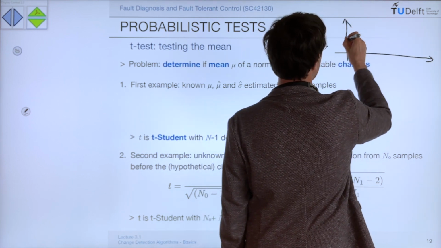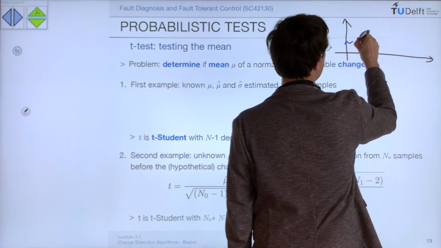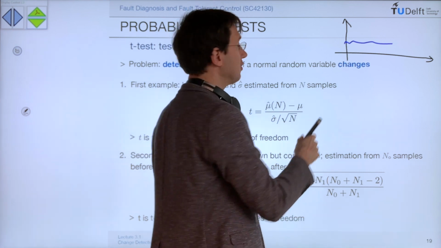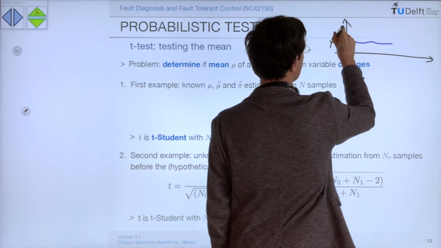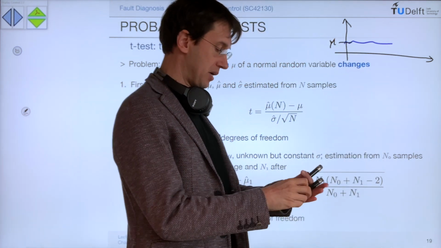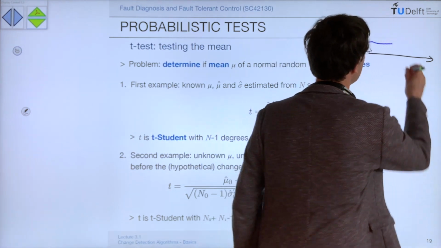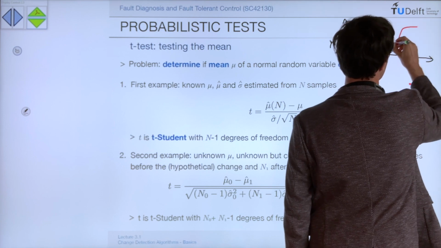I can have a nominal behavior of my heart rate that is something random distributed around a nominal value mu. And I want to see whether this changed, either up or down.